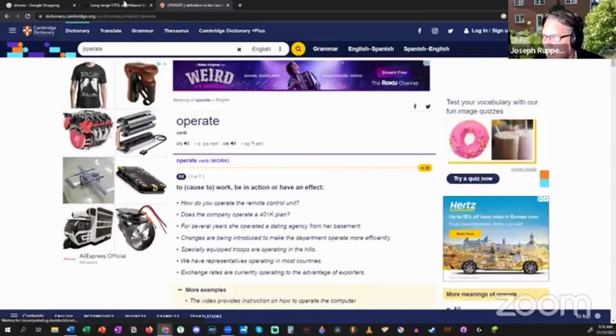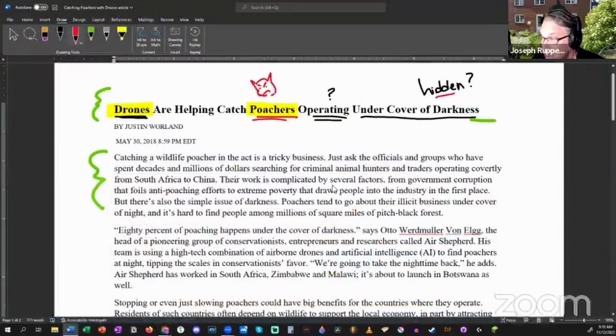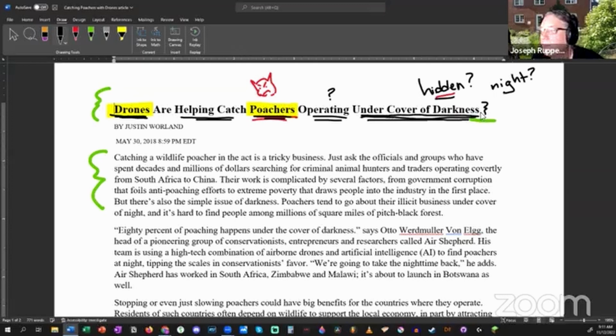But here I think the idea is that we are talking about criminals who are doing their work under the cover of darkness. Maybe that means at night, or it's hidden. I'm not sure what the idea here is. But the point is, we have bad guys, criminals who are killing animals, and then these drones are helping catch them.